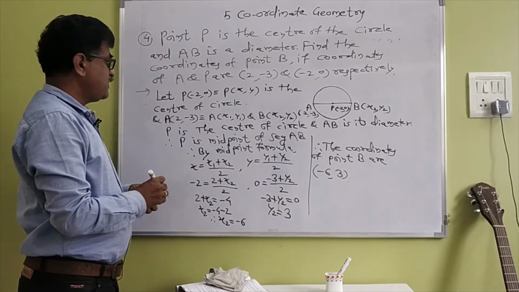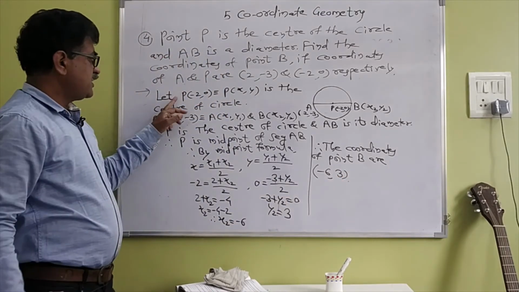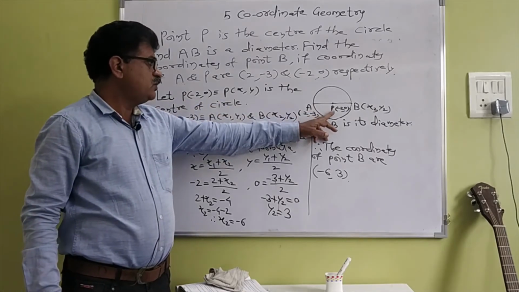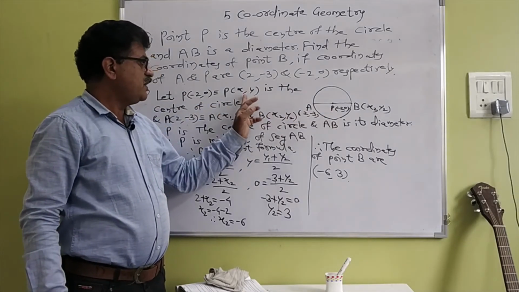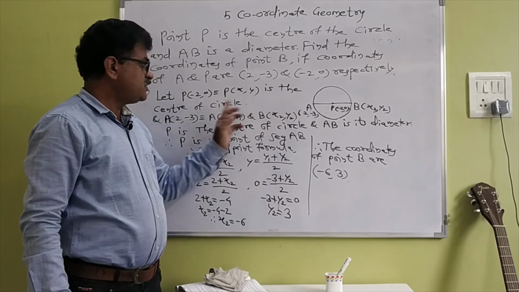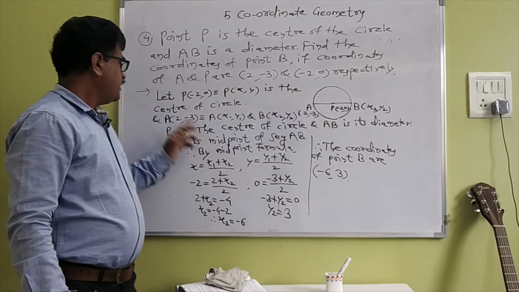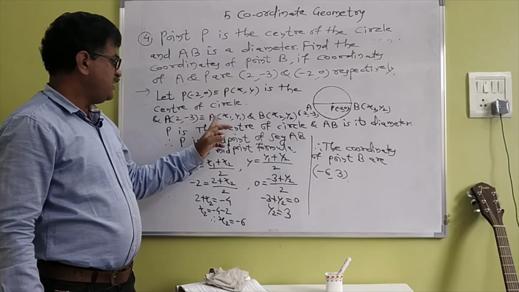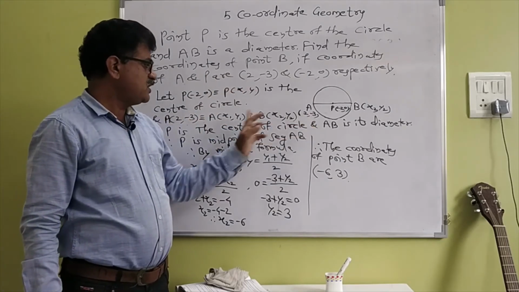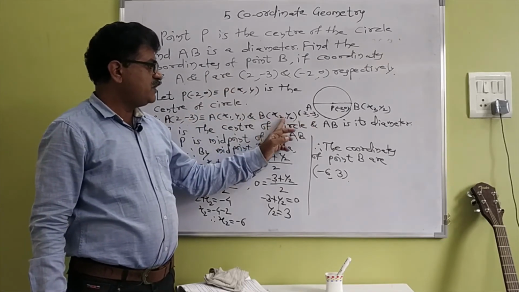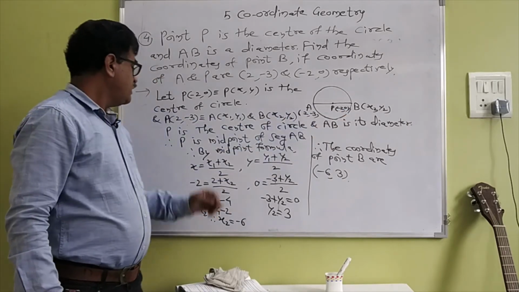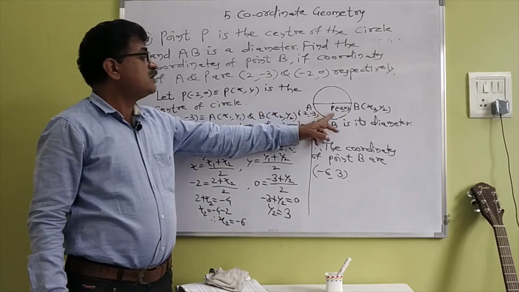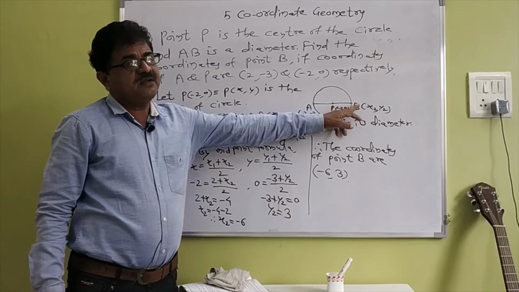For the solved example, first we consider let P of minus 2, 0 is equivalent to P of x y, the center of the circle, and we have given A of 2, minus 3. We consider this as x1 y1 and B of x2 y2. Now P is the center of the circle and AB is its diameter.